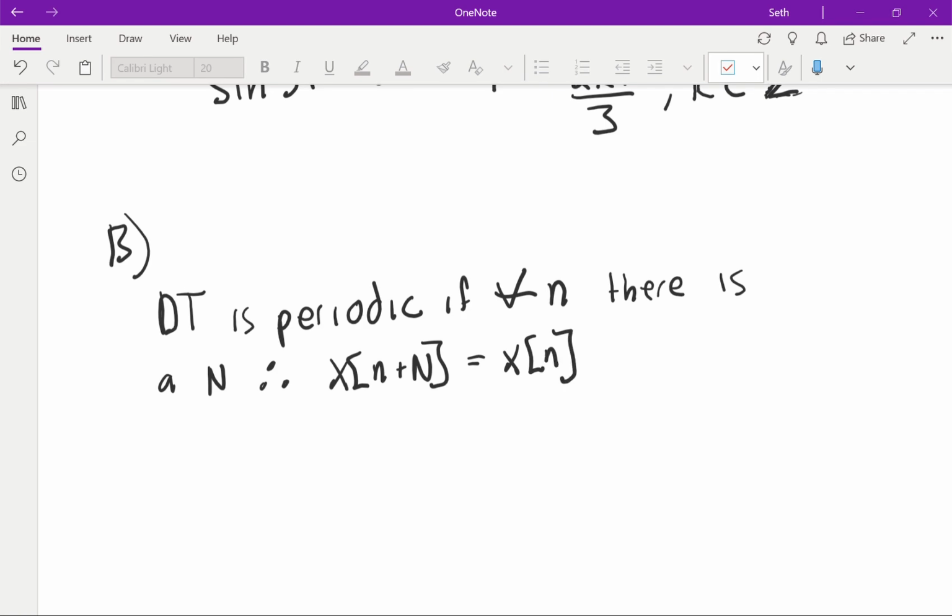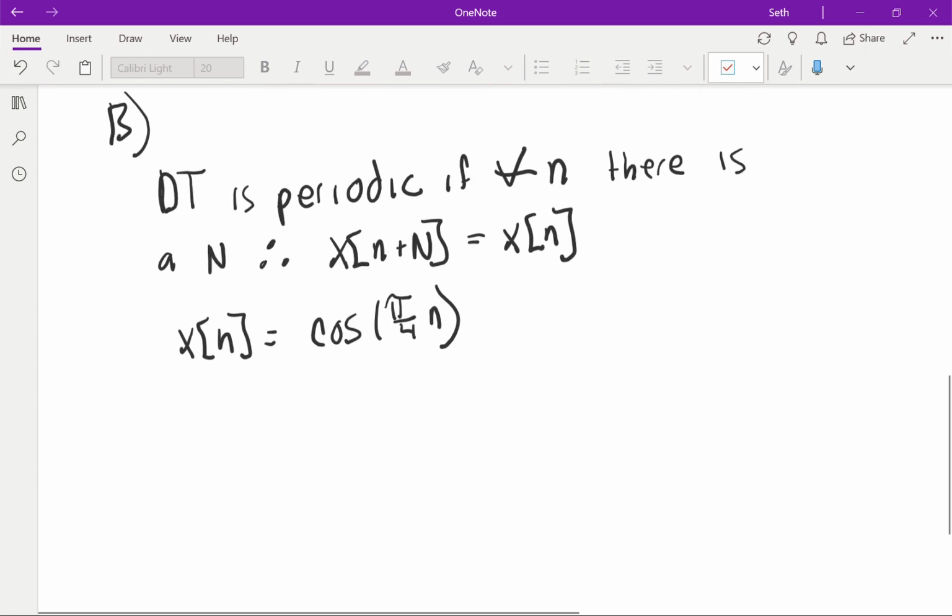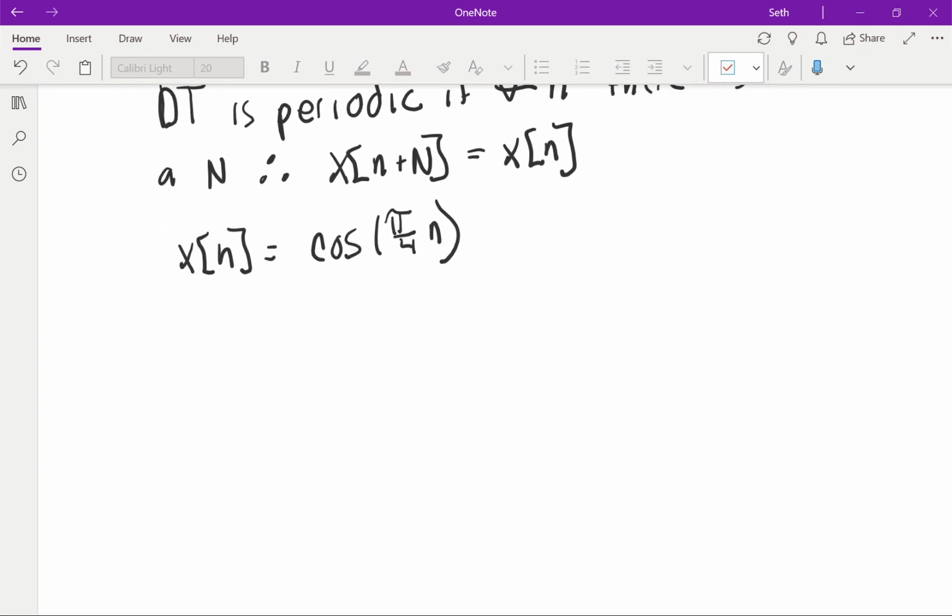Okay, so we've been given the function x of n equals cosine pi over 4 times n. Okay, so let's go about proving this. So we are going to write, first off, x of n this way.